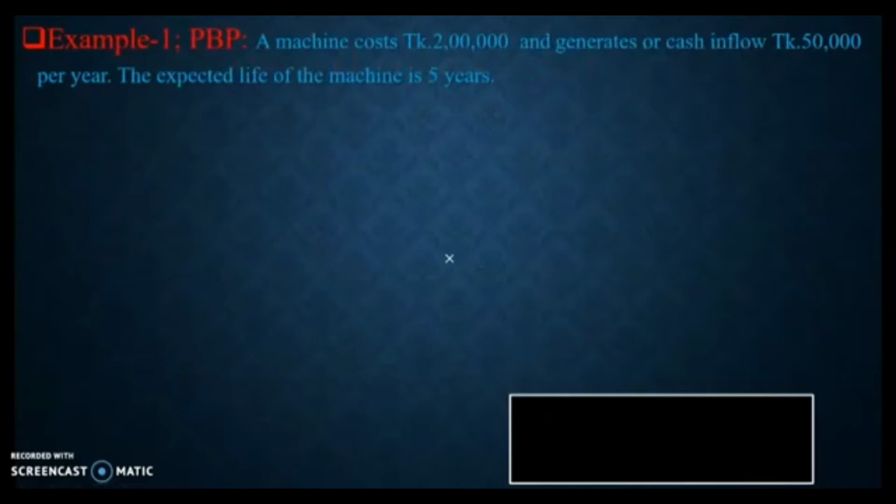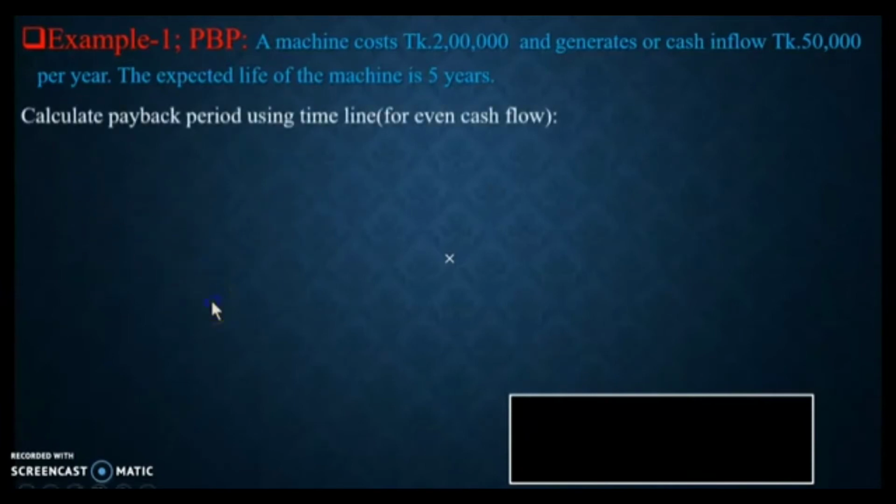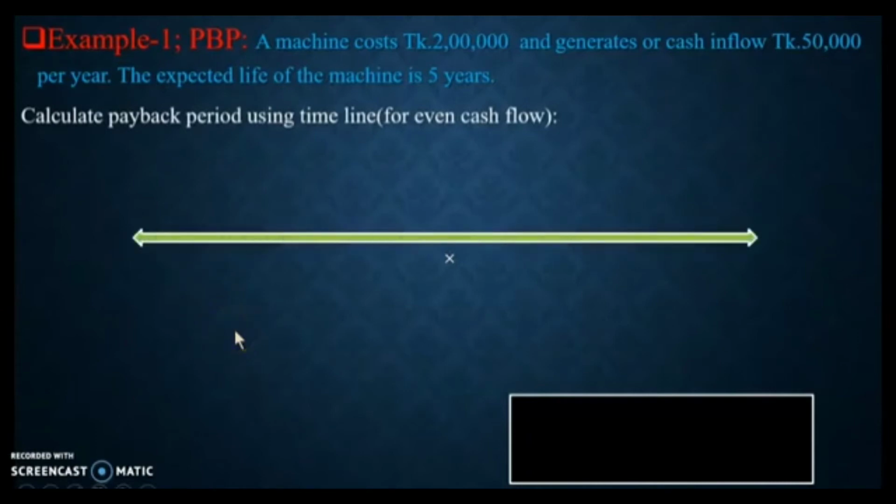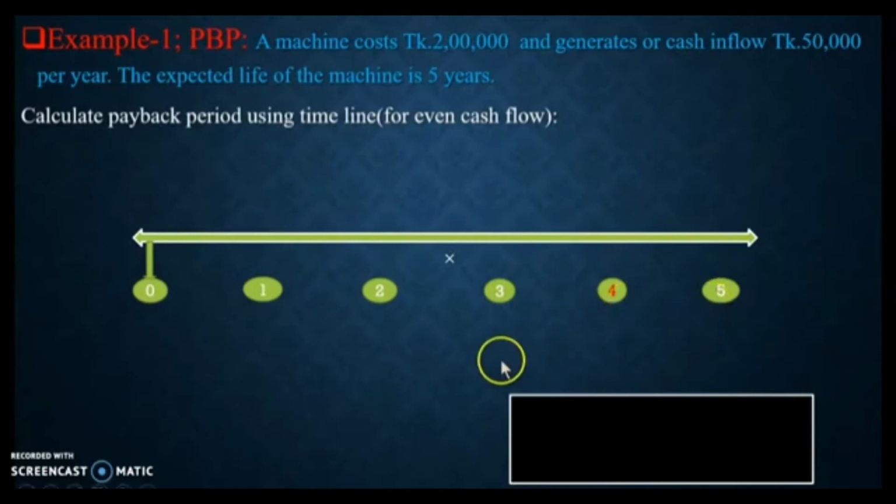Here is an example of PBP for even cash flows. We calculate PBP using a timeline. Dear students, look at the timeline of this project. Year 0, 1, 2, 3, 4, 5. That means the project lifetime is 5 years.